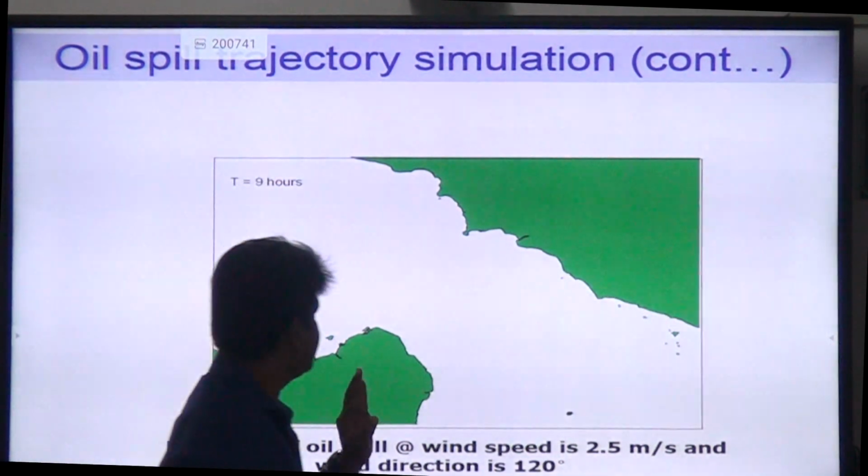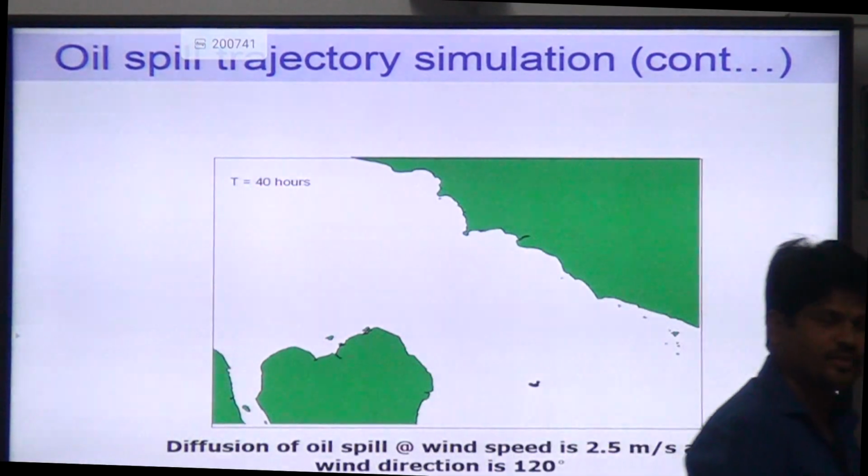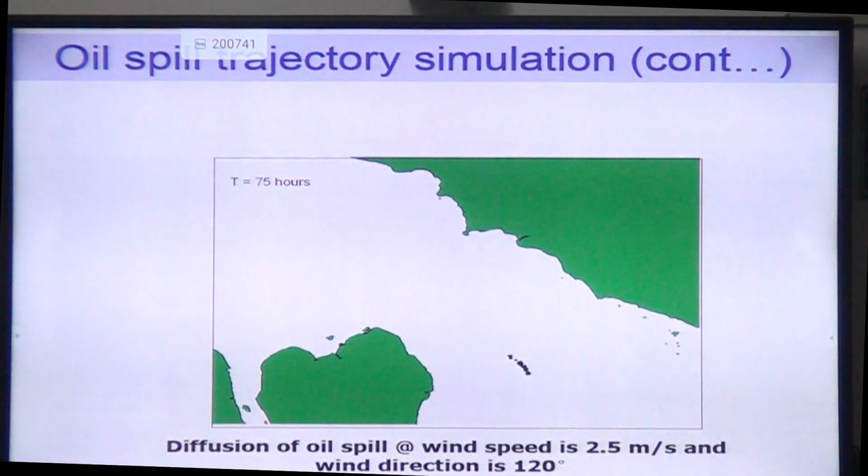Now, we did the trajectory simulation. You can see how the oil spill breaks down on the water. The big chunk slowly gets spread out. It was a massive challenge that we had because it is very, very difficult to mathematically break down the source of the spill into different parts.